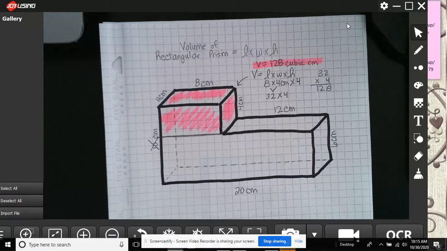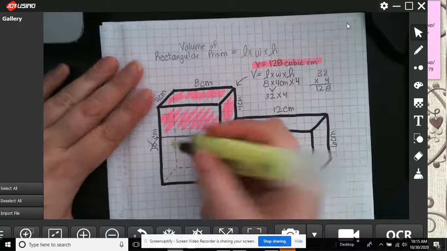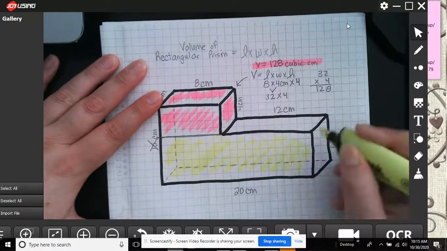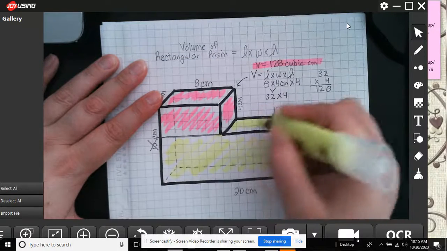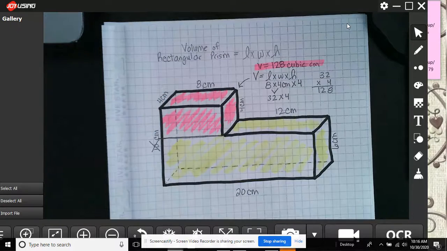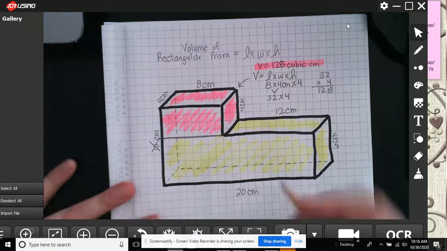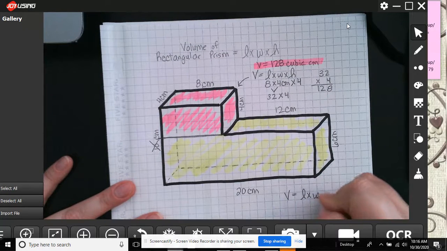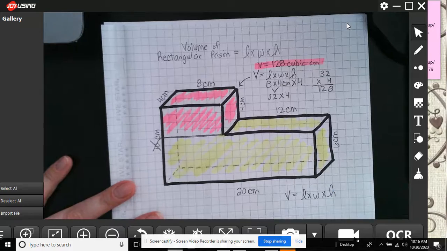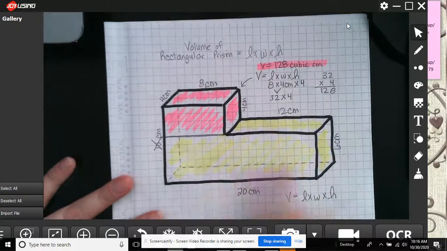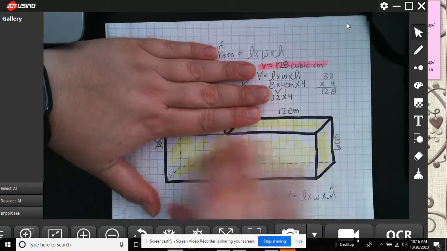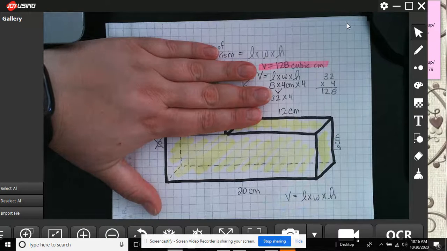So now I have to find the volume of the bottom rectangular prism, and I'm going to just quickly identify that by shading it in yellow. And we still use the same formula because we have a rectangular prism. So my volume is still going to be length times width times height. And if I look just at this yellow, so if I'm not paying any attention to the pink, I'm just looking at this rectangular prism down here.